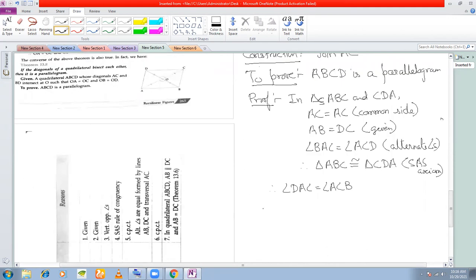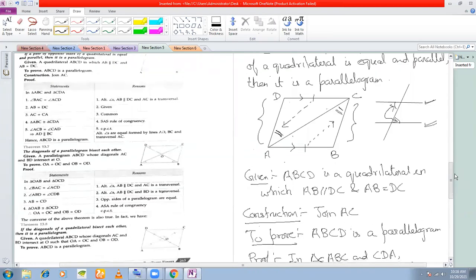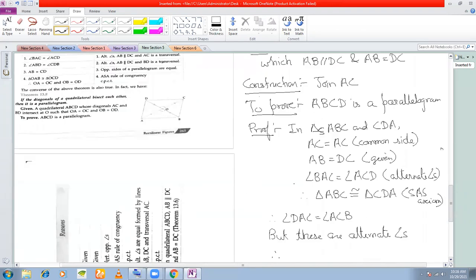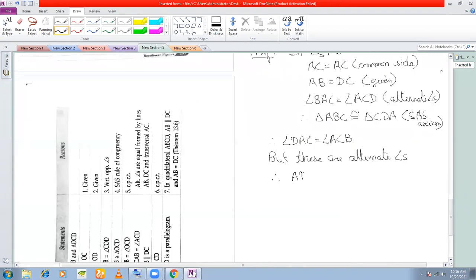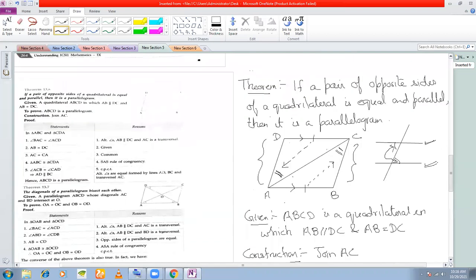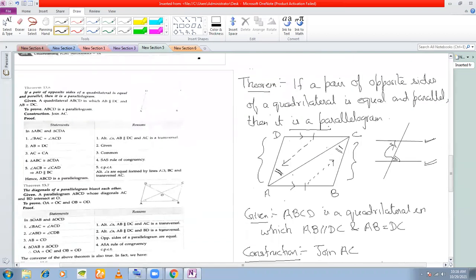So angle DAC is equal to angle ACB, but these are alternate angles. Therefore, what can we say? Which sides are parallel? AD parallel to BC. So what have we shown here? It was already given that AB and DC are parallel.